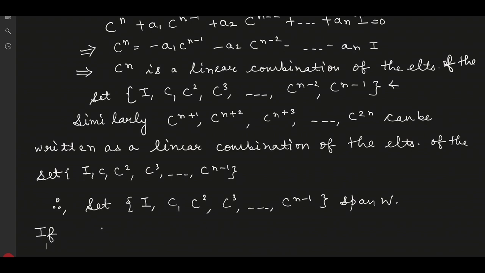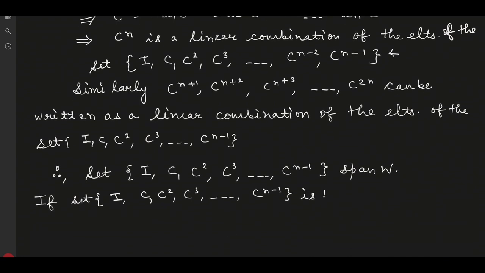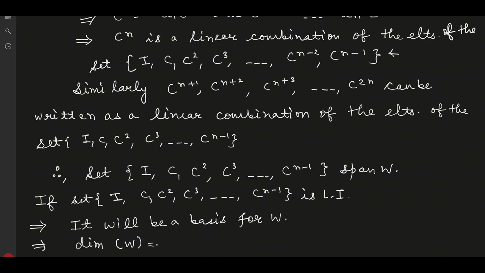If this set is LI, then what can I say? Spanning and LI will form the set as a basis for W. This implies it will be a basis for W. So if it will be a basis for W, then its dimension will be n. There are n elements in this, no?